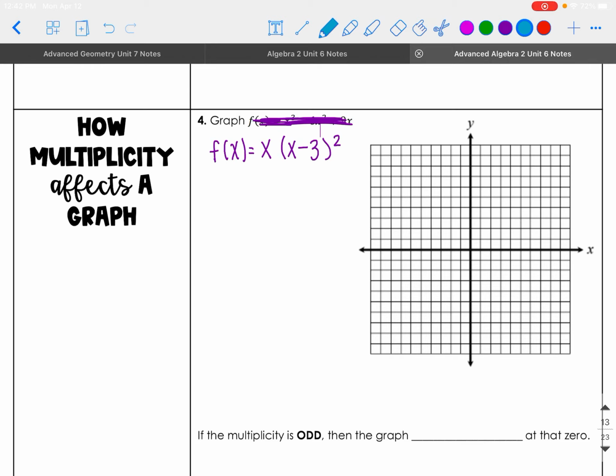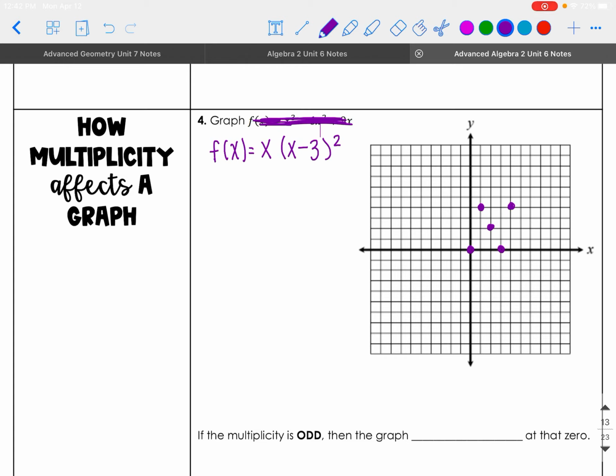So when we graph it and we go to the table, we have the point 0, 0, 1, 4, 2, 2, 3, 0, and 4, 4.